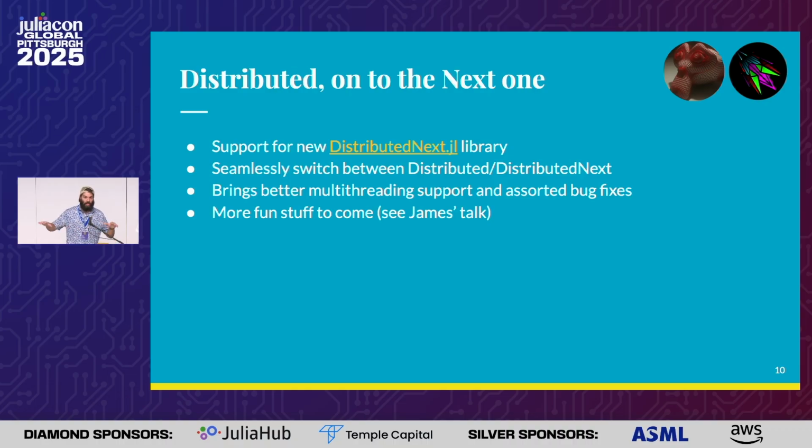You want to start, say, a Julia worker on each node, but then on each node you want to use multi-threading. Distributed.jl will just explode in spectacular ways if you try to do this. So what we've decided to do, now that there's this cool library called DistributedNext.jl, which fixes many of the issues that Distributed.jl has, we have a very easy way to switch between Distributed and DistributedNext, if you would like to be able to do those cool things. Again, see James' talk in like 20 to 30 minutes about this.